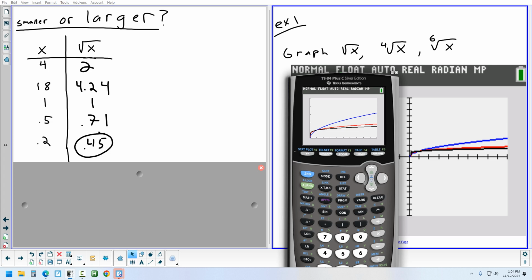Far to the right, the blue one is on top, then the red, then the black. Blue, red, black. It looks like at 0, 1 they change. At 0, 1, the order switches, so instead of blue, red, black, it goes black, red, blue. And 0, 1 is a point that is common to all of them. Let's write that down.